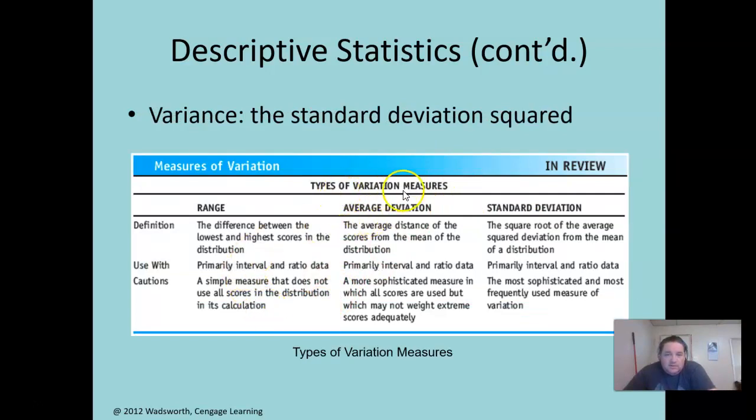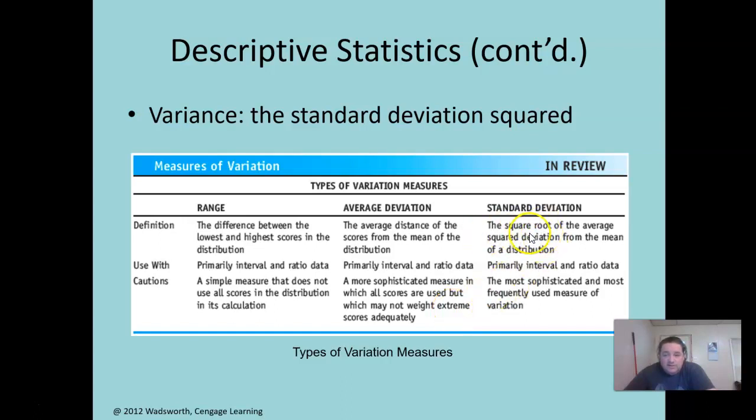Okay, so types of variation measures are the range, the lowest to the highest point, primarily with interval and ratio data, a simple measure that does not use all the scores in the distribution in its calculation. The average deviation is the average distance of the scores from the mean of the distribution, primarily interval and ratio data, a more sophisticated measure in which all scores are used, but which may not weight extreme scores adequately.